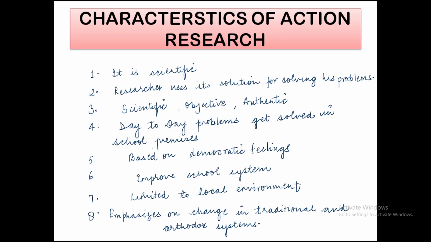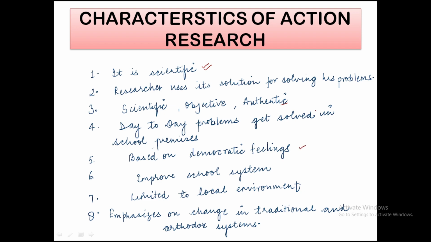Now, what are the characteristics of action research? First of all, as we can see, it is scientific. Researchers, that is, the persons who conduct the research, use it for solving the problem. Third, it is scientific, objective, and authentic. The day-to-day problems in the classroom or school premises get solved by action research. Action research is based on democratic feelings.